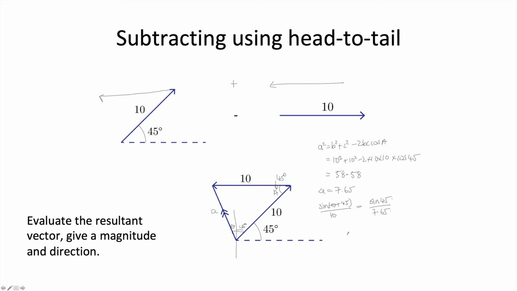And so solving this, we end up with theta plus 45 degrees is equal to 67.5 degrees. Sorry, I'm not sure why it's not writing very neatly. And so theta is equal to 22.5 degrees. And so this is 7.65, 22.5 degrees left of vertical.